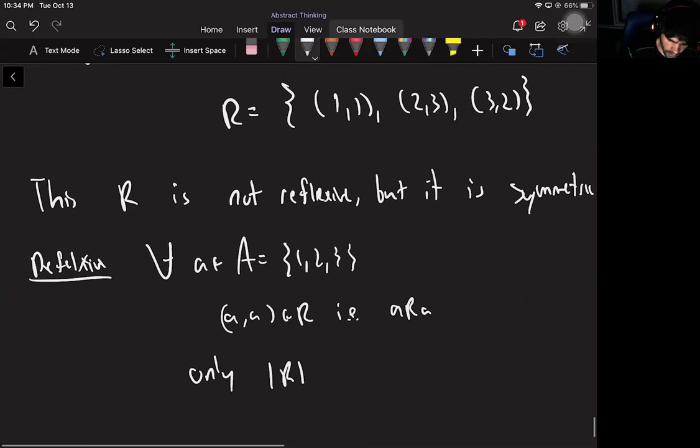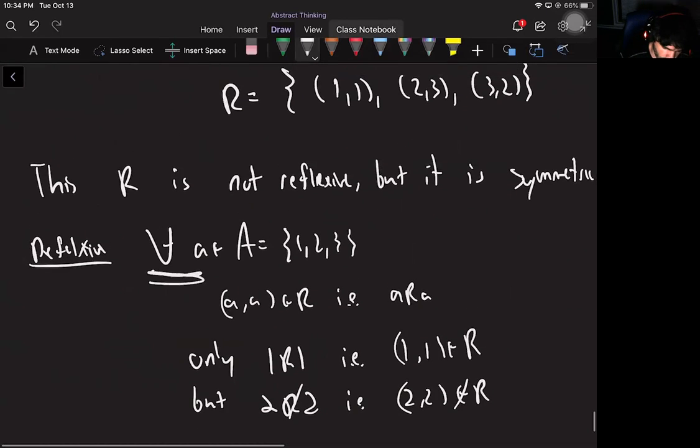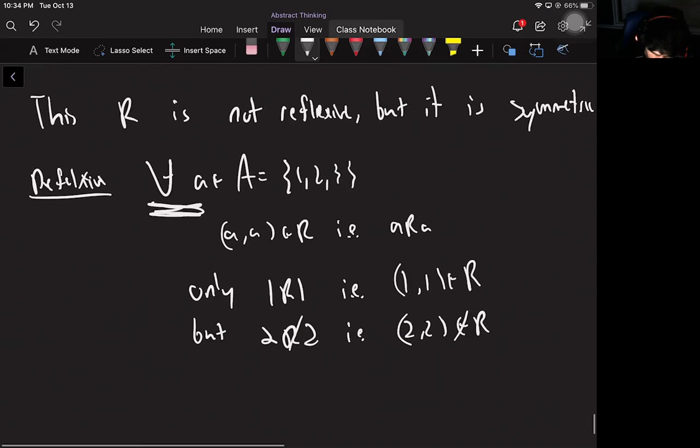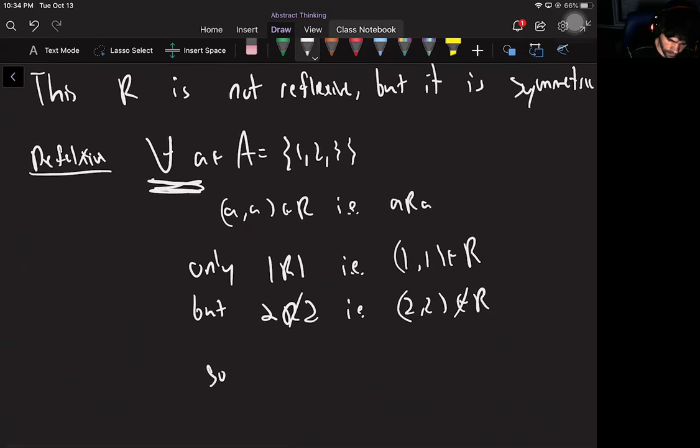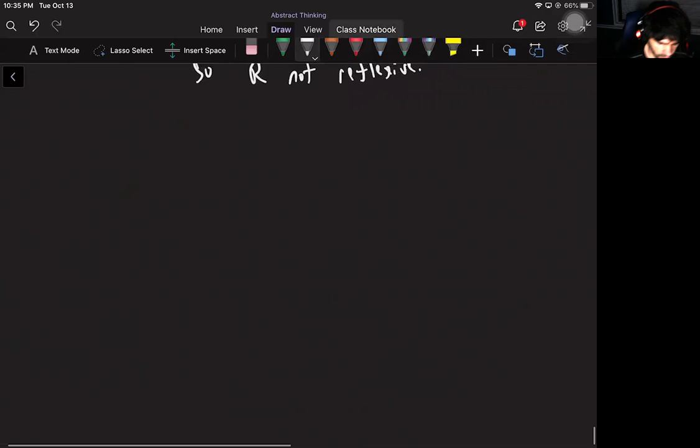Only 1 is related to 1, but 2 is not related to 2. So 2 comma 2 is not in the relation. It's not happening for every element of A, it just happened once. So it's not reflexive. 3 comma 3 is also not in there, so it's another reason it's not reflexive. You need to have every element related to itself to be reflexive.